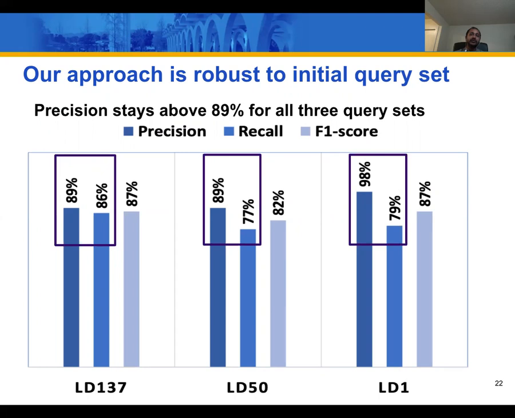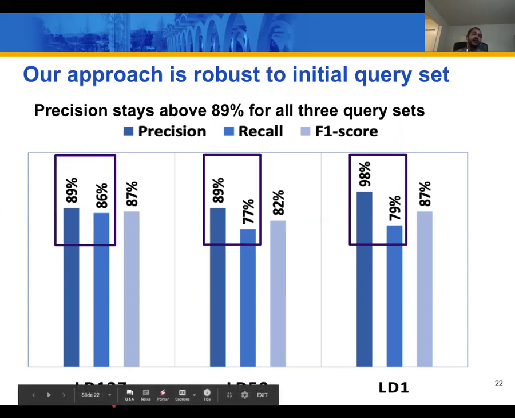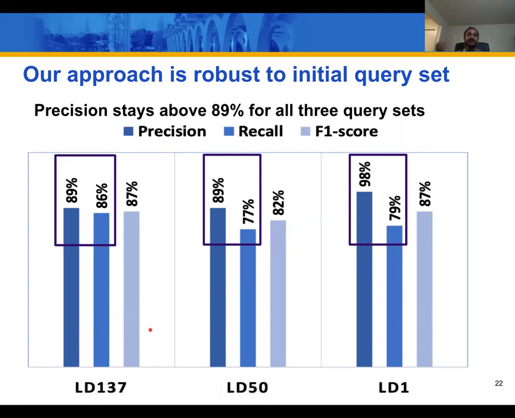So all the repositories that are in LD1 are homogeneous, so they give the best result. But in order to do this for all types of repositories, we will work with the LD137, as it was created from the 97K repositories, which has the most varied keyword set, that is 137 keywords.